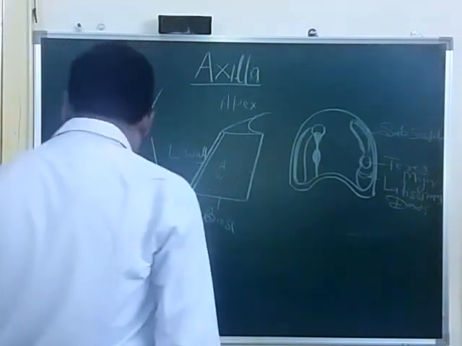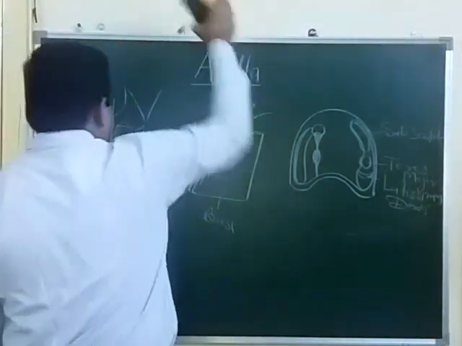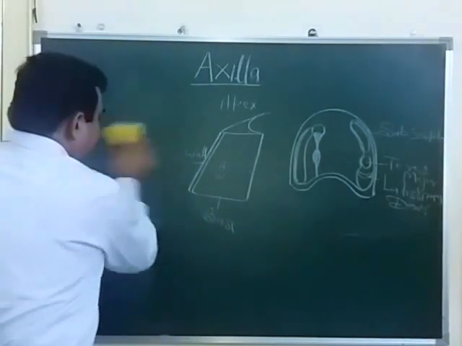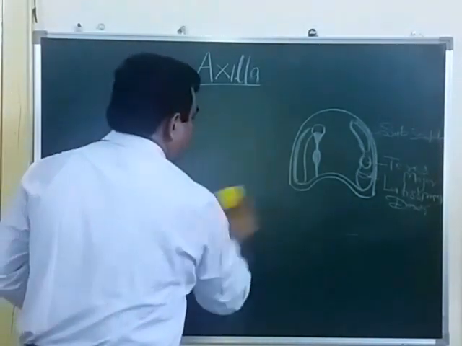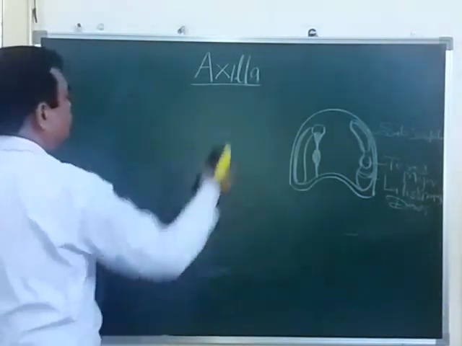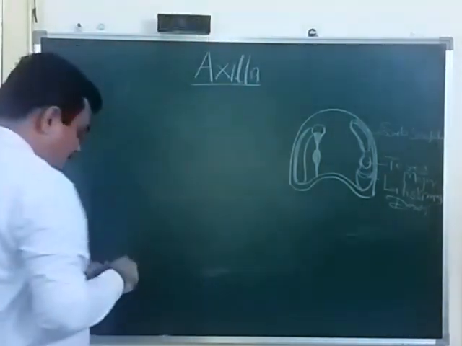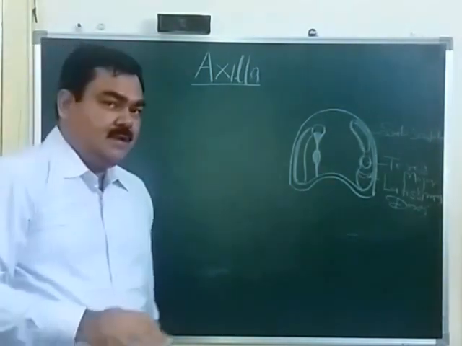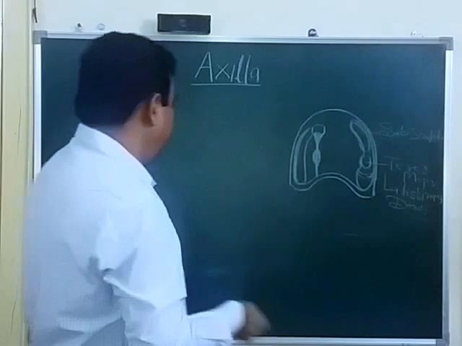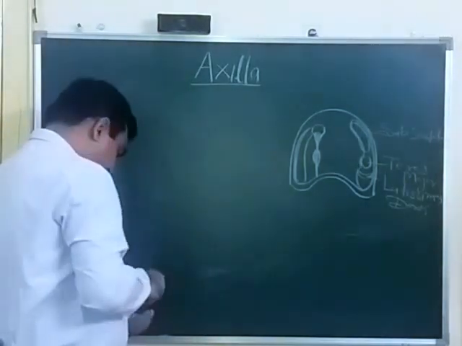Now for medial and lateral walls, we will draw another diagram. If we cut a transverse section at level of fourth rib, here is fourth rib.